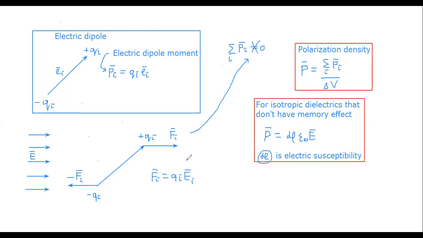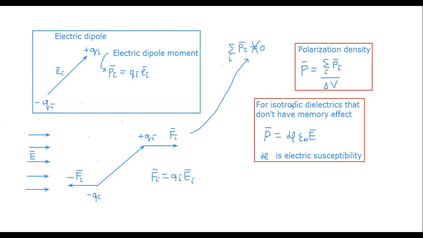But we have no time to learn memory effect. It is difficult, and we will not learn anisotropic dielectrics. So we will learn only isotropic, and it means that kappa is a simple number.